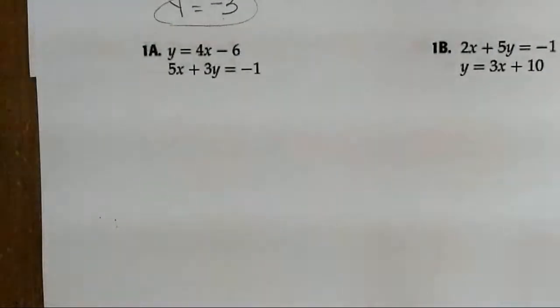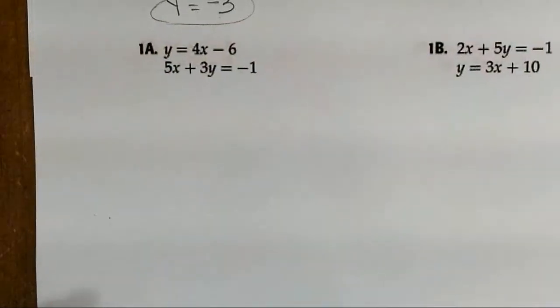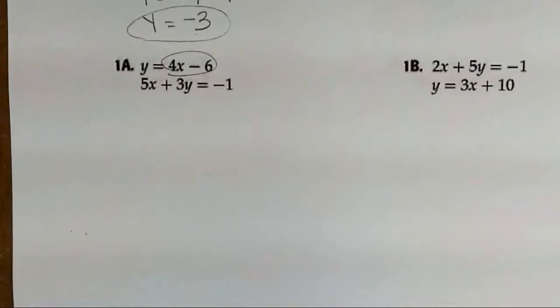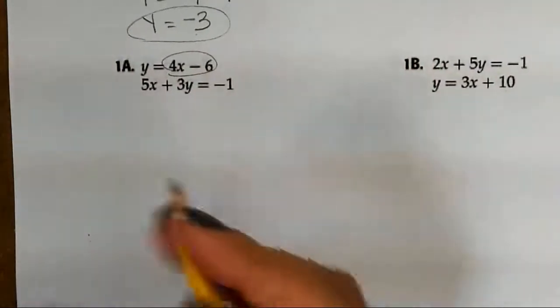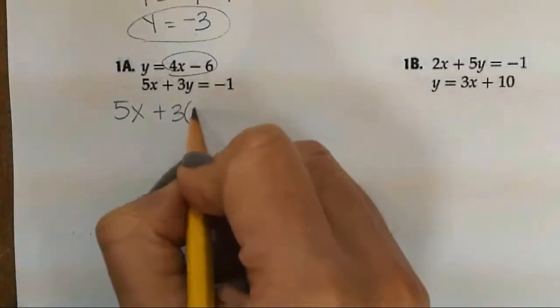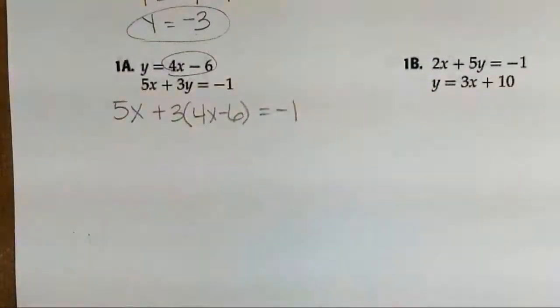So this one, again, you see that your y is given to you. This one is already solved for y. So we're going to go ahead and substitute this 4x minus 6 into our y. So I have 5x plus 3 times y, which is 4x minus 6, equals negative 1.